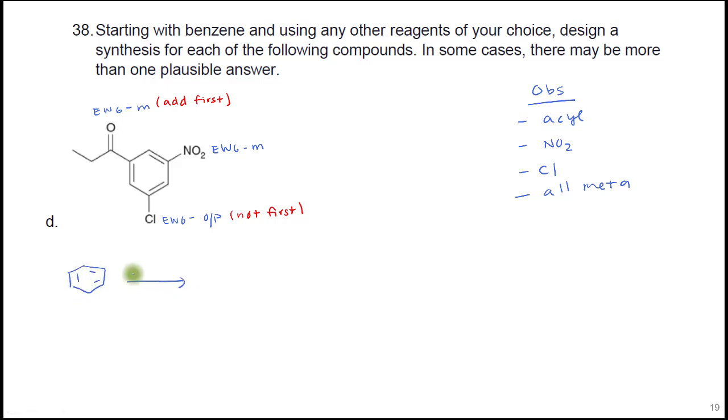So you can just take whatever is on the other side of the carbonyl, add a chlorine, then I can add the nitro group. And at this point you could either add the chlorine or the nitro first. It doesn't really matter because the carbonyl carbon is going to be the one driving the bus.